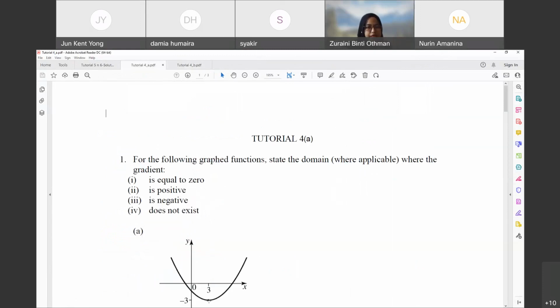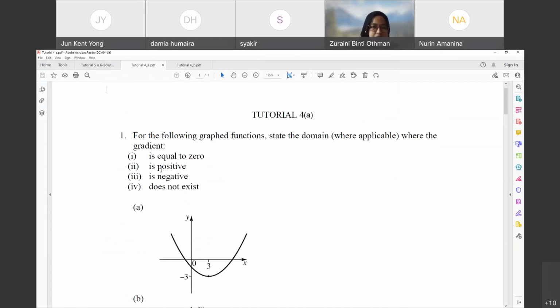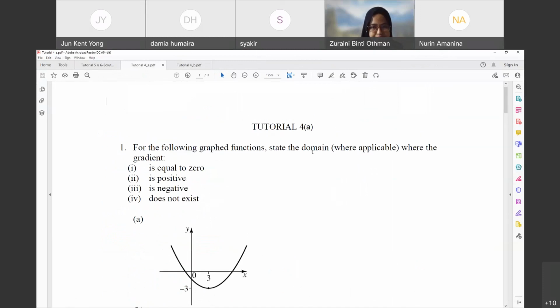Okay, for 4A. Now I want to ask, for 4A here, where is the question asks about the domain? For the following graph functions, state the domain where applicable.